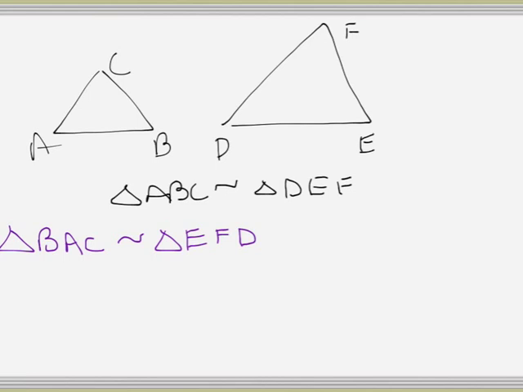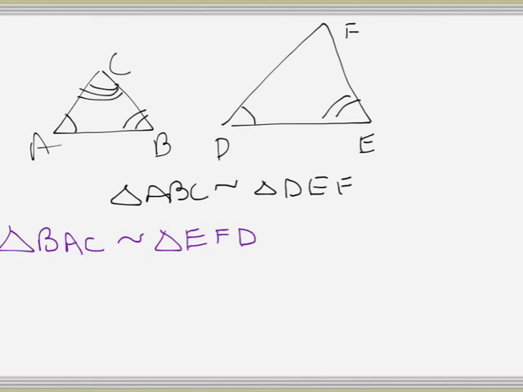No. How can we tell? Because they are not the corresponding angles. The names of the similar triangles are important because they tell us a relationship between the two triangles. Having A first in the first one and D first in the second one tells us that angles A and D are matching angles. Having B and then E tells us that those are matching angles.